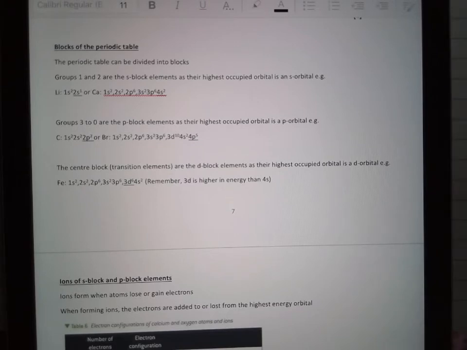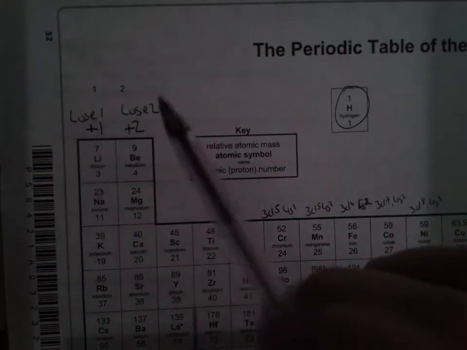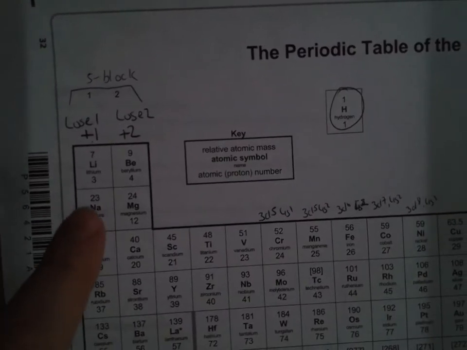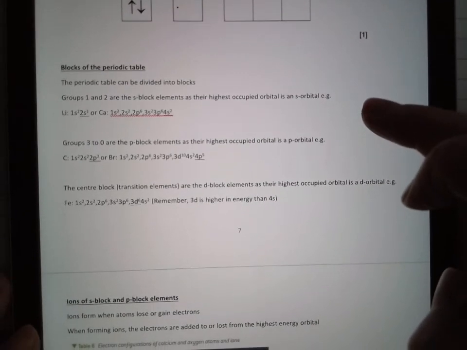It says that your periodic table can be divided into blocks. So if I look at my periodic table, group 1 and group 2 can be called the s block. The reason it can be called the s block is that all of your group 1 and group 2 metals have their highest energy electron in an s orbital.